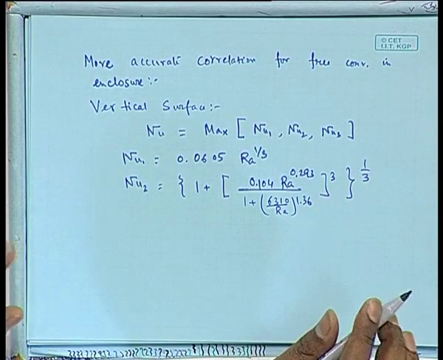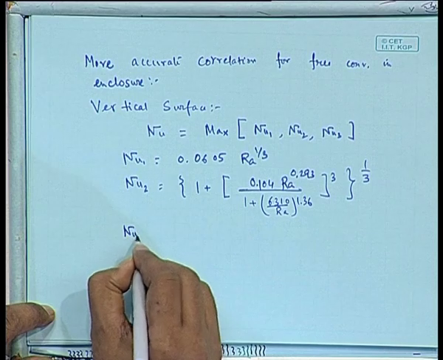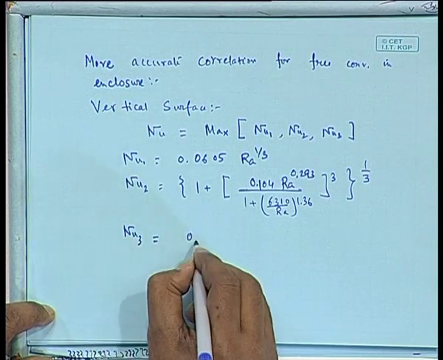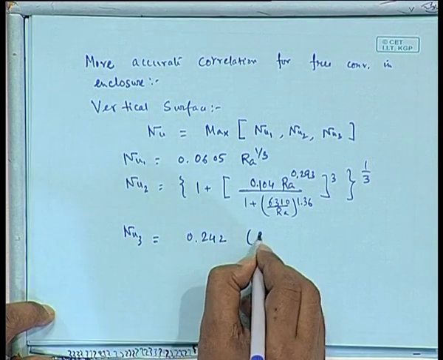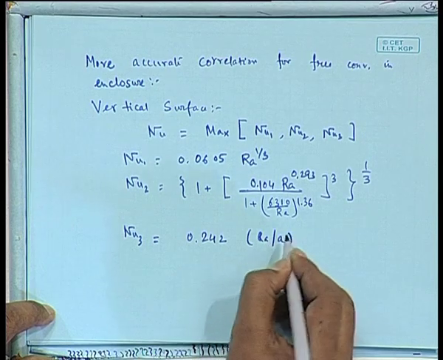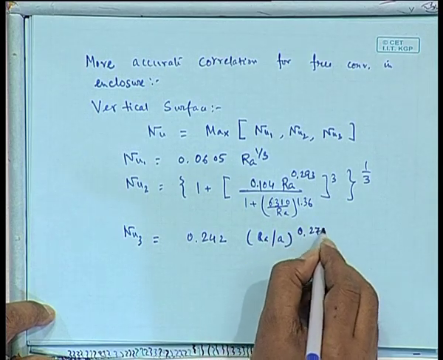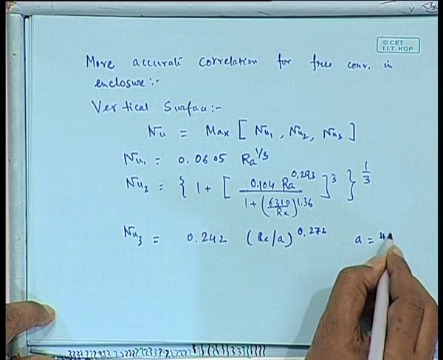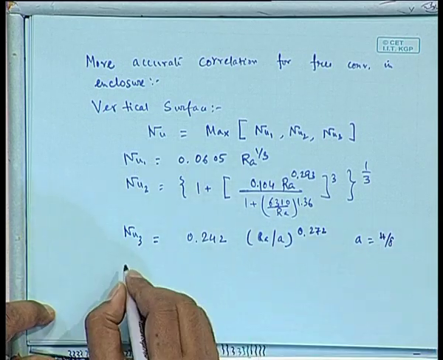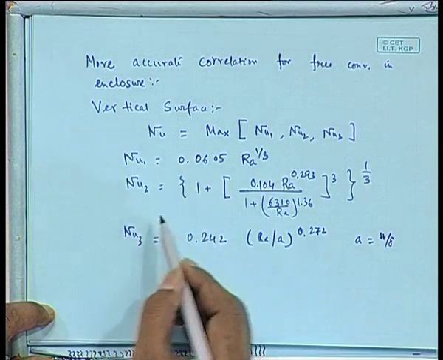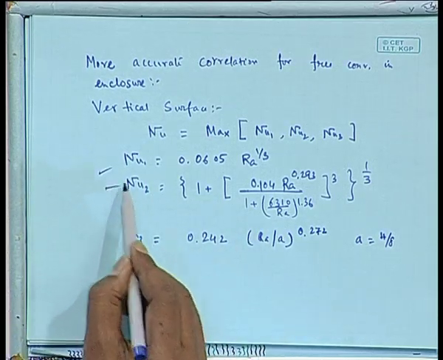Okay, these are some relations, and NU3 is 0.242 Rayleigh by A raised to the 0.272, where A is H by delta. Now, you have to select the maximum of these 3.